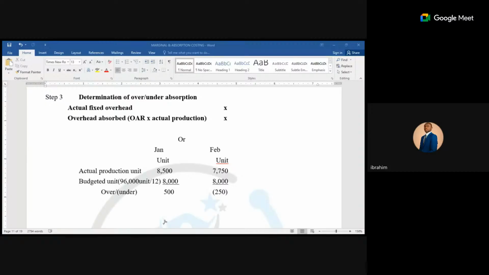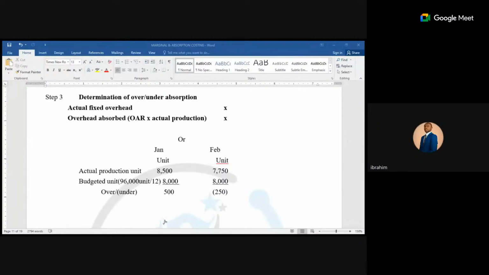It is fixed. It is unavoidable. You've already said this is what you want to incur. Then the question is, who will pay for the cost? It is a loss.